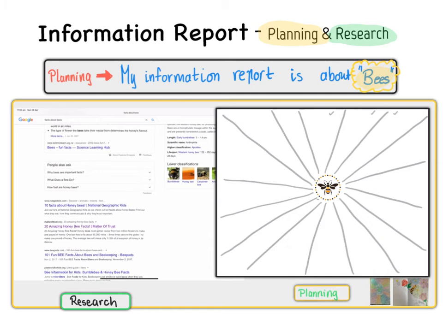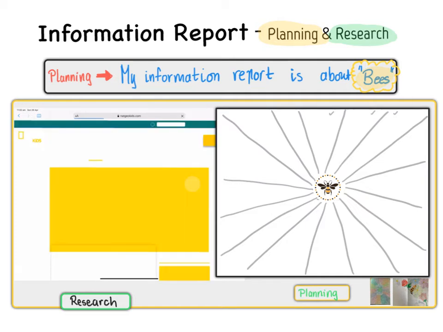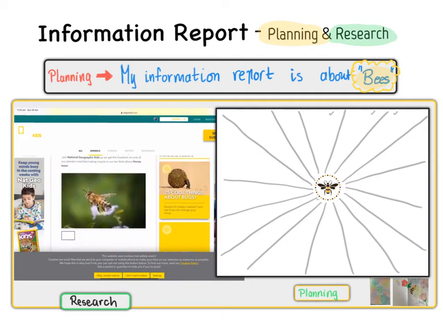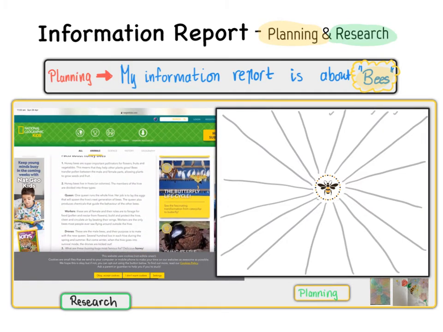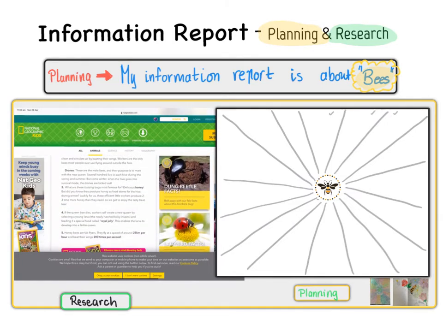Nat Geo Kids, I'm not sure. National Geographic Kids. That is a really good website. Anything from National Geographic would be really good, true facts. 10 facts about honeybees. There you go. So I am going to scroll down over this.